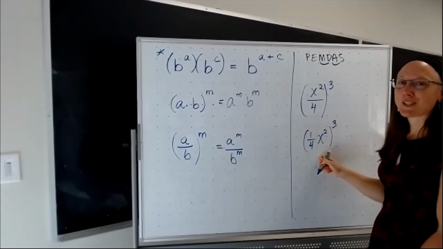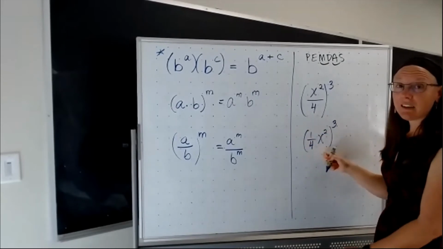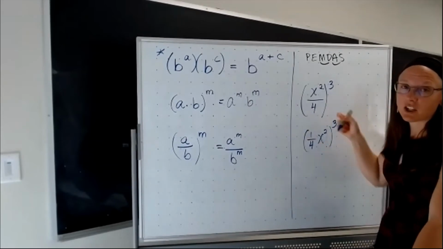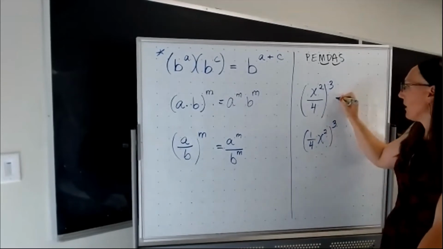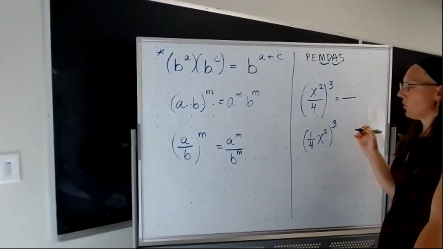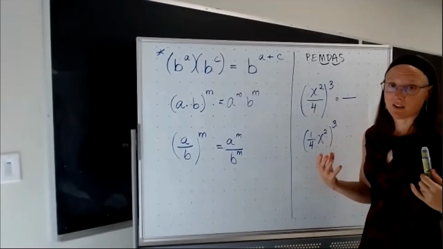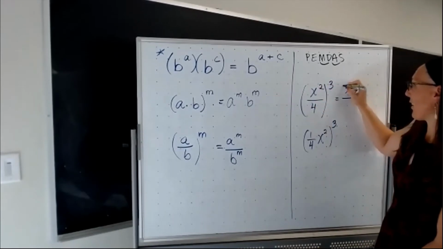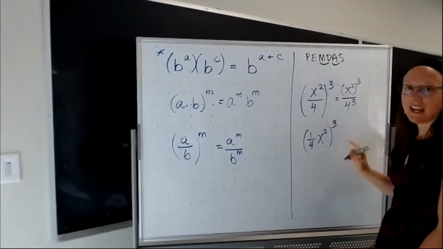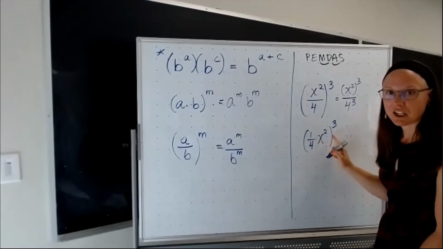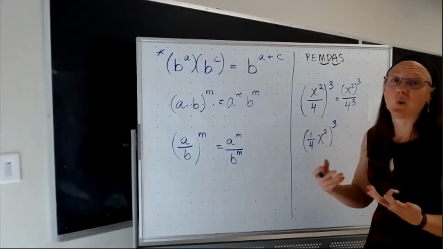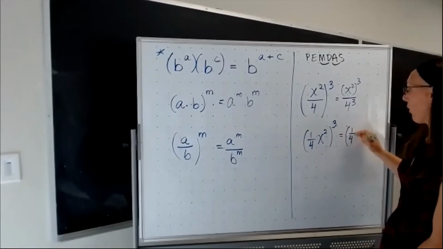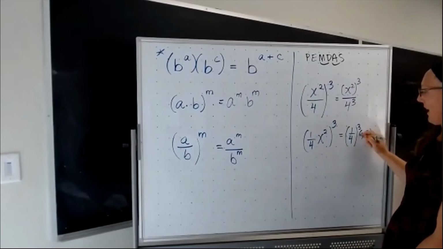And I'd say the mistake happens more often when it's written like this, even though these two things mean the same thing. When we write the fraction like this, it's a little bit easier. Your visual processor has an easier time of seeing this one as x squared cubed over 4 cubed. And with this one, brains tend to cube that x squared and think, oh, that coefficient out in front should still be a 1/4. But this should also look like 1/4 cubed times x squared cubed.